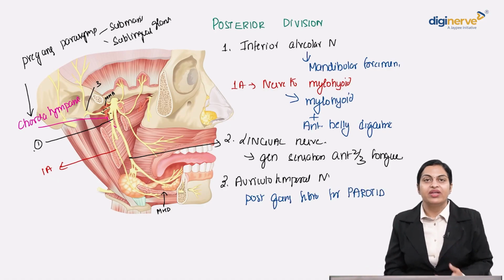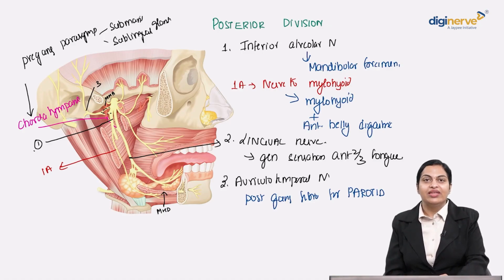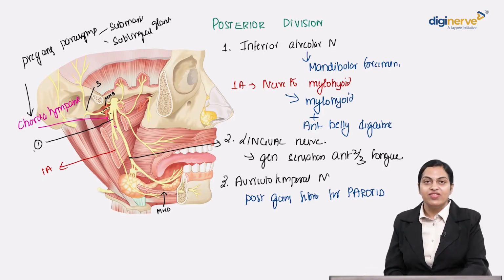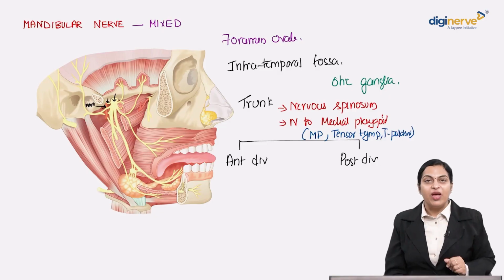So, if you go to head and neck session, the same topic on mandibular division of trigeminal nerve, we would have talked about Frey's syndrome, isn't it? Any details you need, please refer to that session. To summarize, the branches coming from the mandibular nerve, from the trunk, nervus spinosus and nerve to medial pterygoid that supplies medial pterygoid, tensor tympani and tensor veli palatini.